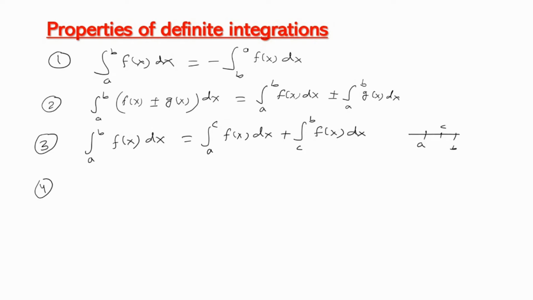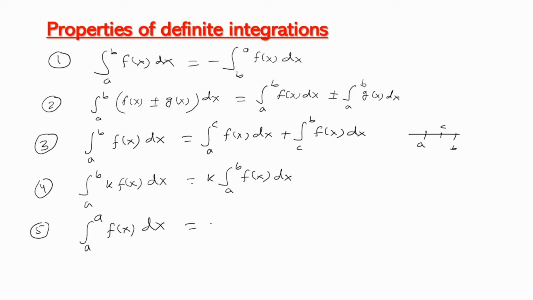The fourth is the constant multiple: the integral from a to b of k times f(x) dx. In this case we can take out the k and have k times the integral from a to b of f(x) dx. And the fifth is the integral from a to a of f(x) dx, which is 0.